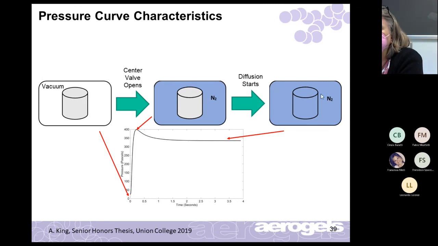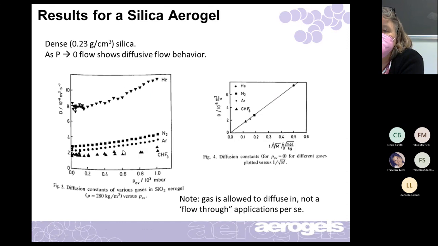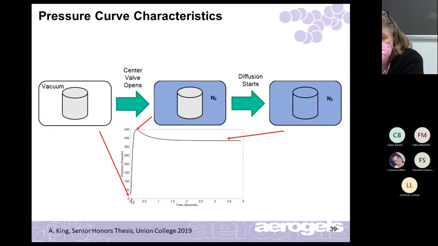But basically you can fit the theoretical solution given a certain value of permeability, in this case, that fits this curve, and from that determine the permeability. We've made a few measurements on some things, but this is from that original Stumpf paper for a more dense silica aerogel than the one I just showed you.